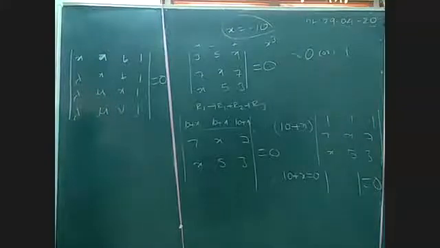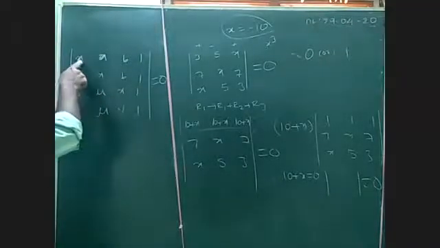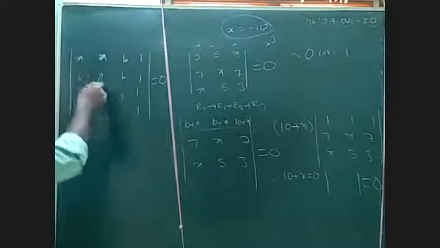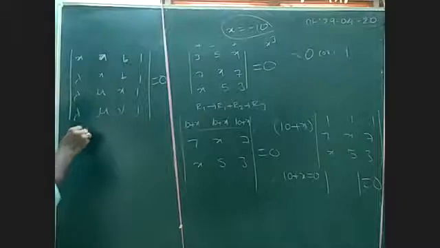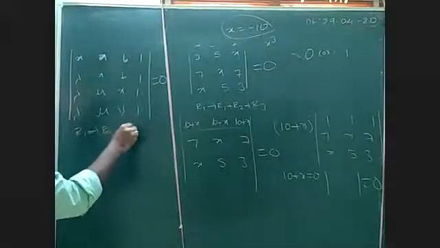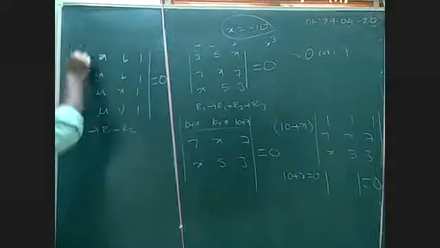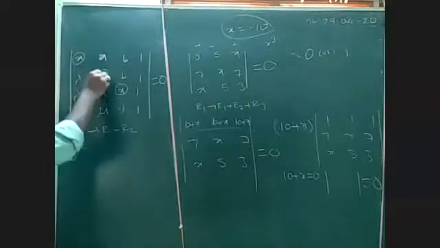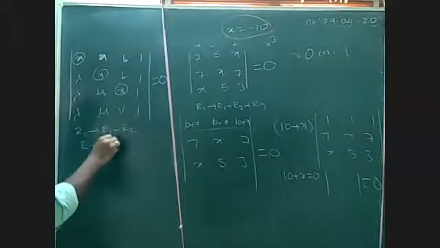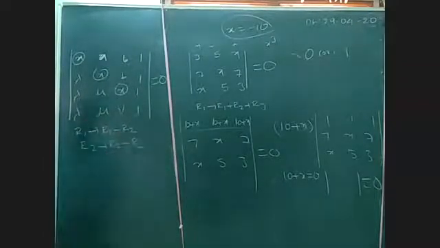So here we can apply the transformation. What is the transformation we are going to apply? Here x will be there, and observe the corresponding value. I want to subtract here: R1 tends to R1 minus R2. R2 tends to R2 minus R3.